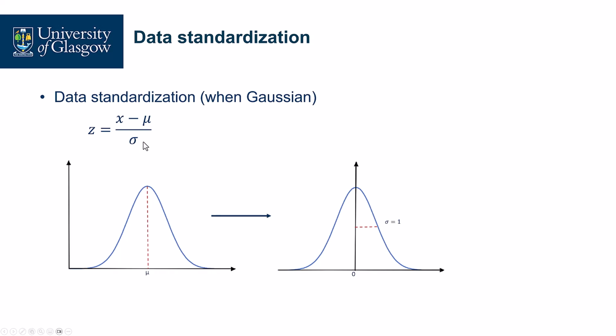By using this formula, we can change any Gaussian distributed data to this one. We call it standard Gaussian distributed data. The characteristic is mean 0 and standard deviation 1. You can also see the live script for more details.